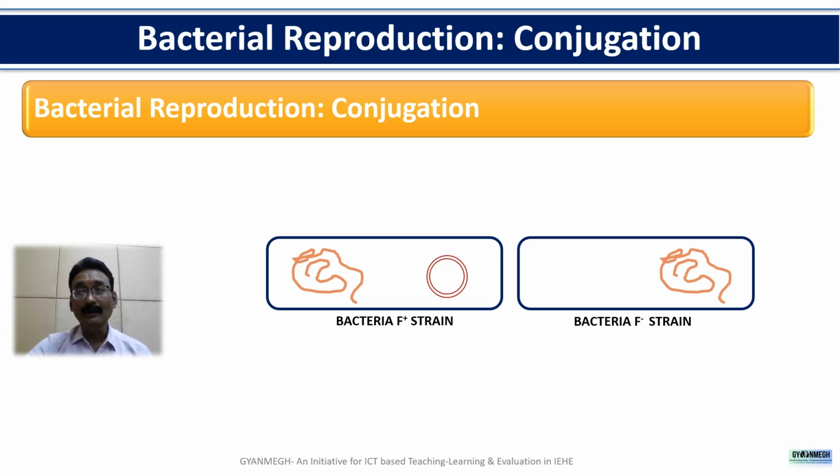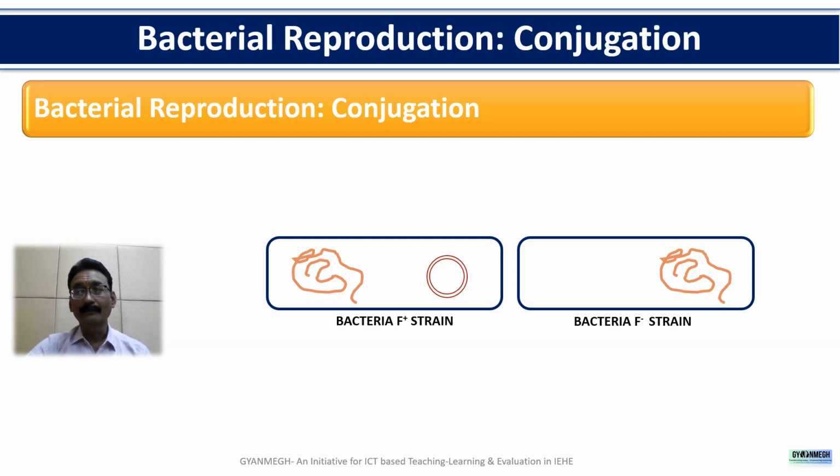In a bacterial population, some cells possess the F factor, the F plus cells, while others do not contain it, the F minus cells. During conjugation, an F plus cell acts as the donor and an F minus cell acts as the recipient.